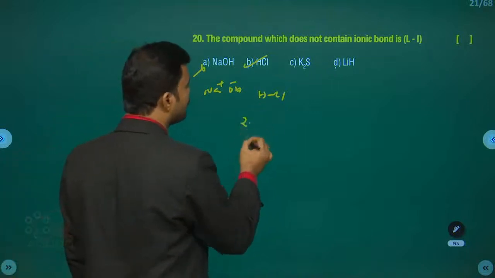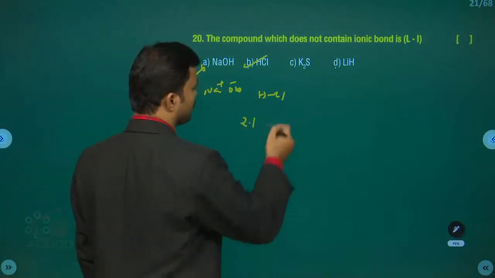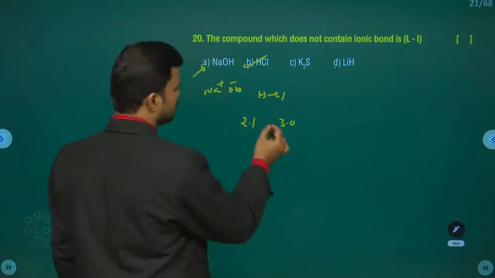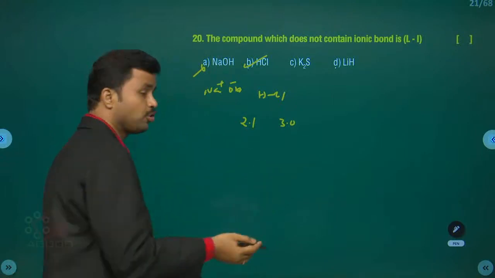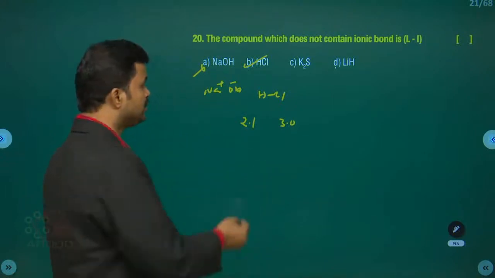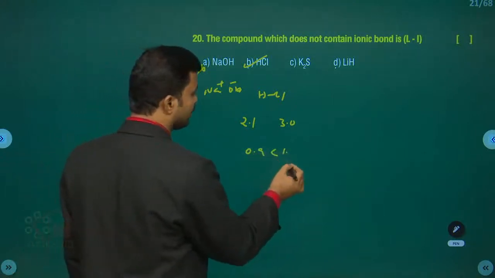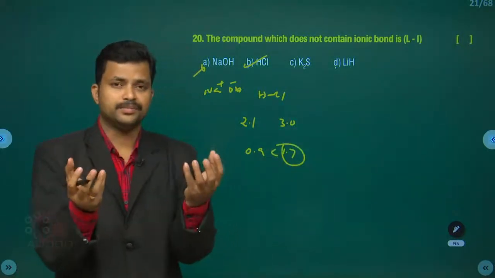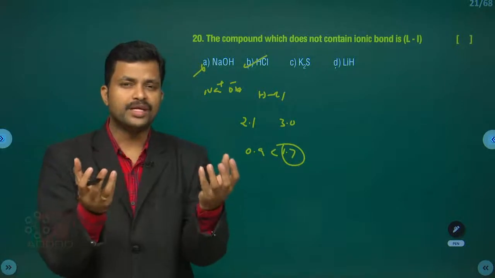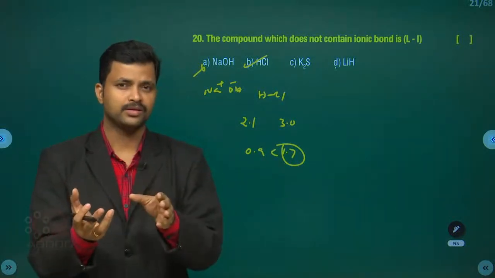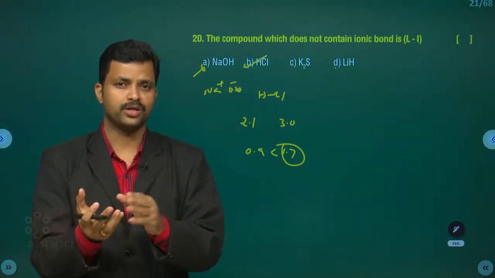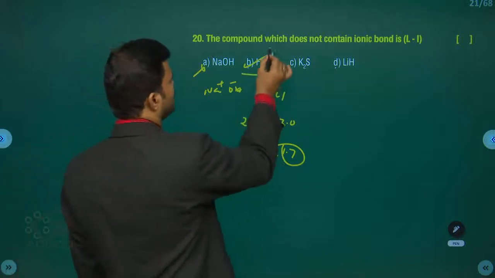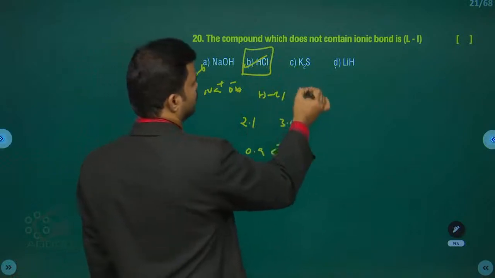Hydrogen electronegativity is approximately 2.1, chlorine approximately 3. So the difference is 0.9, which is less than 1.7. If the electronegativity difference of bonded atoms is less than 1.7, that is covalent; more than 1.7, ionic. The answer is B, which is covalent.